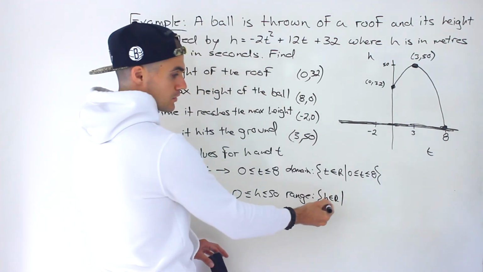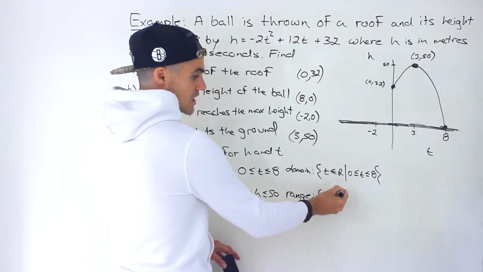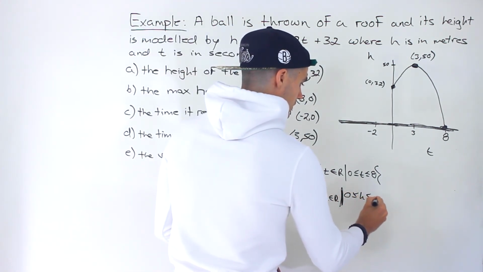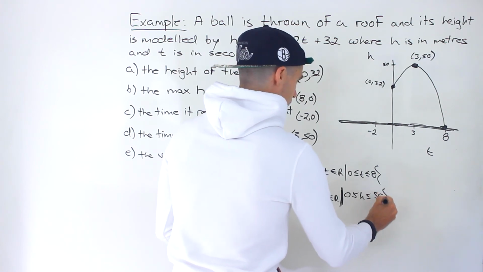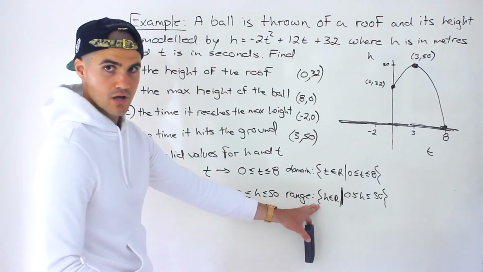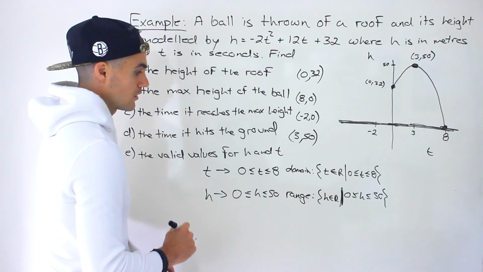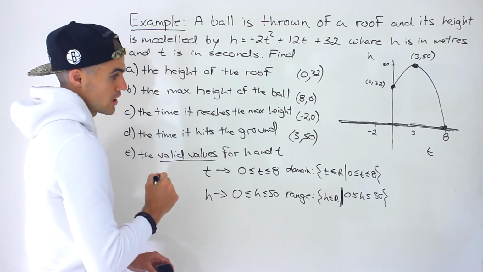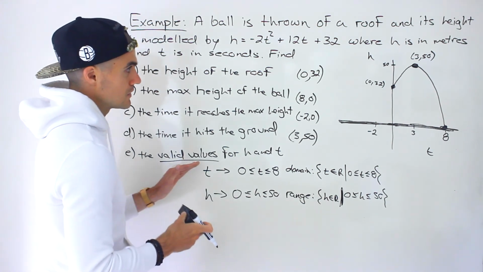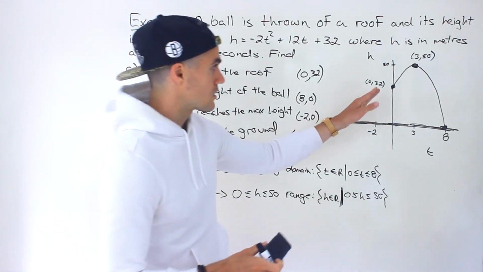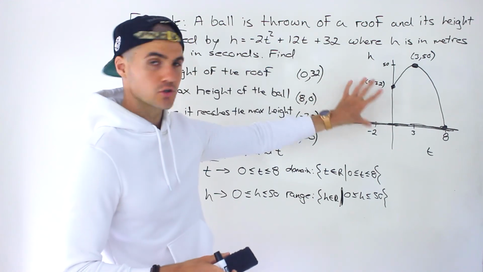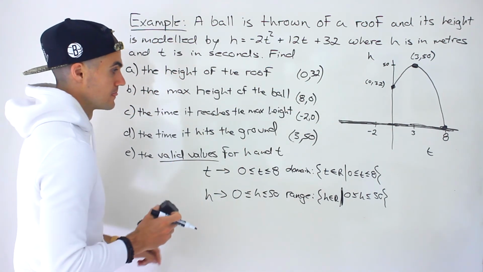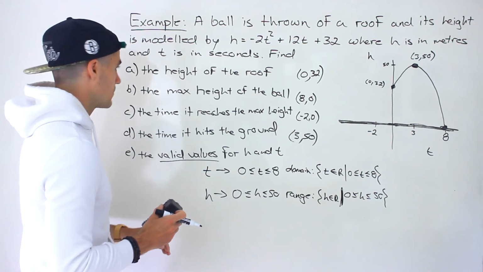It could be any number, that's what this means, such that h is between 0 and 50. Again, if your teacher's not covering this notation, don't even worry about it. You could just put this over here. They may not even be covering valid values in general, but basically what it means is the valid values are adjusting the abstract quadratic to the word problem like we just did with that diagram. Right, so that's the answer for part E.